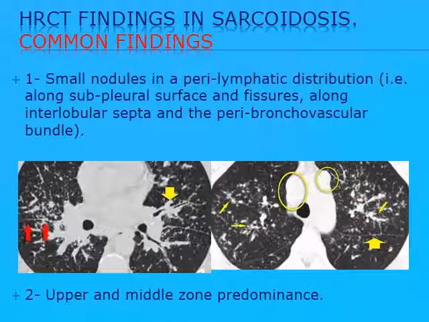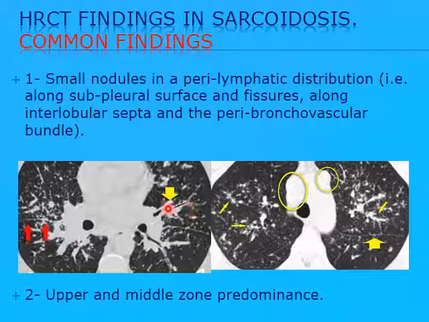What are the common CT findings in sarcoidosis? Number 1, small nodules having perilymphatic distribution. You remember these? It means that we have nodules along the subpleural surface, fissures, interlobular septa, and the peribronchovascular interstitium. This is typical.